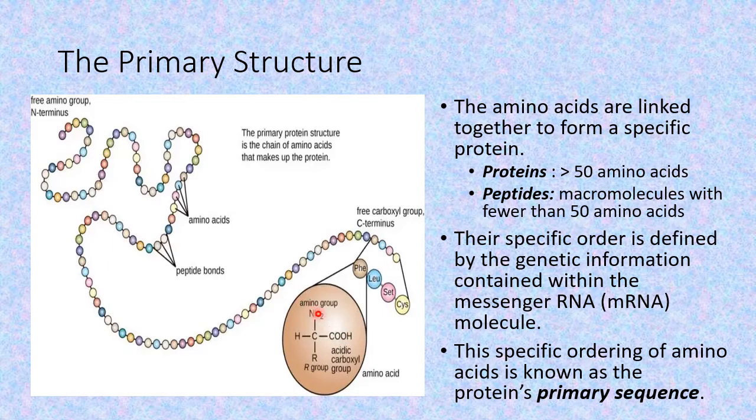And along with these two functional groups, it has a side chain, the R, and it is basically this R group present on this alpha carbon that differs and leads to the various amino acids.